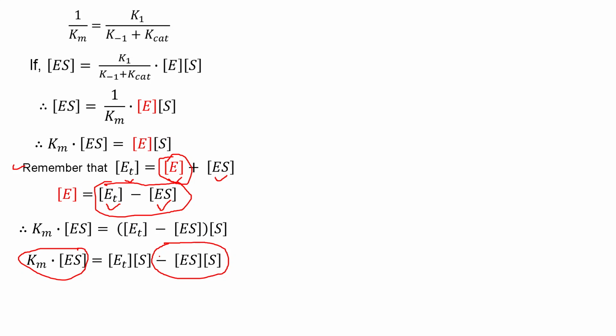So you're going to carry this whole of this to this side of the equation. And when you do that, you're going to have Km plus S multiplied by ES is equal to your ET multiplied by S.